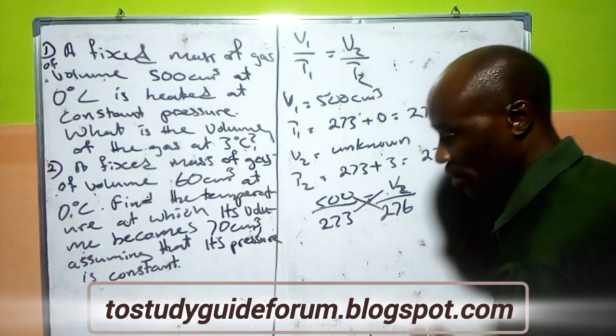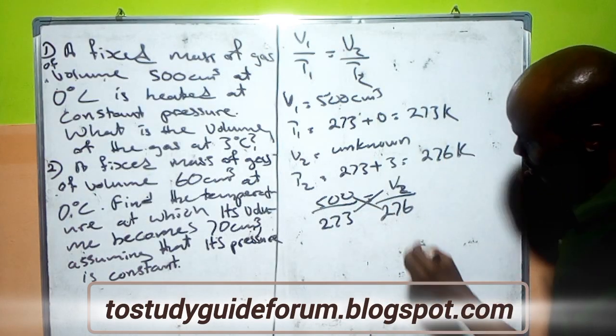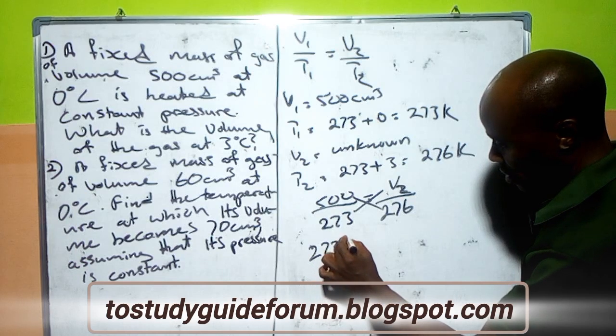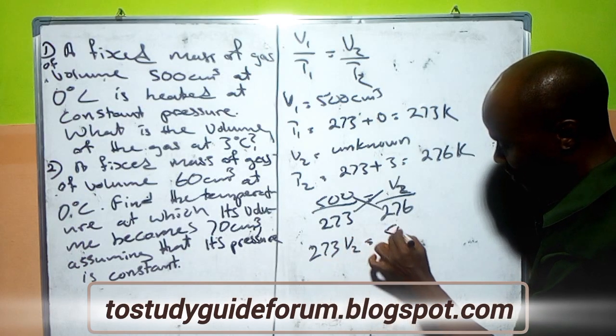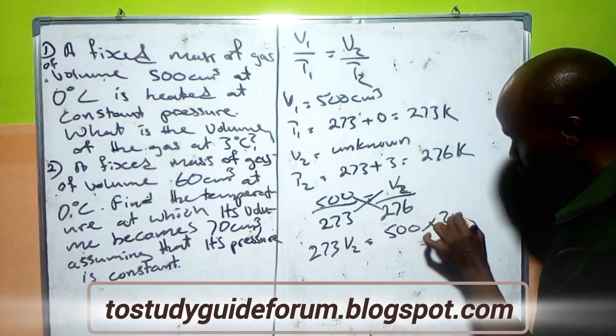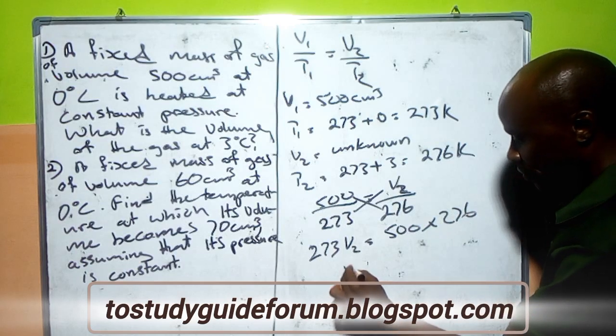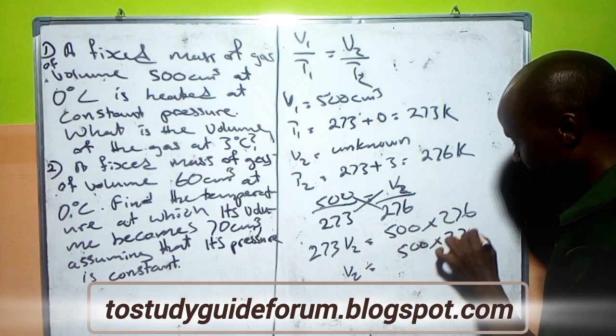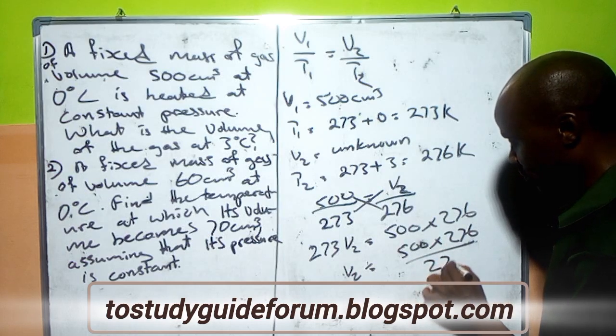If we cross multiply, we have 273 V2 equal to 500 times 276. So V2 will be 500 times 276 all over 273.